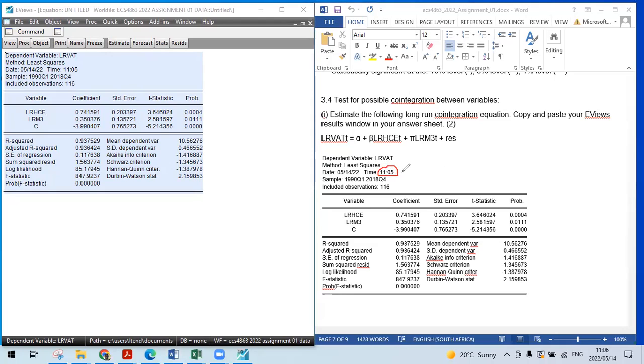The date will obviously be the same for everyone because the exam date is the same, but the time cannot be the same for everyone. That's why these days they are saying copy and paste. They're trying to look for those who get the same output.